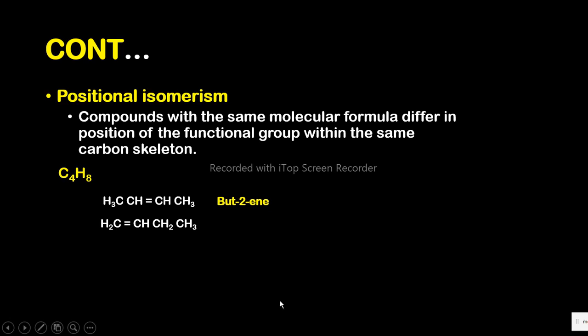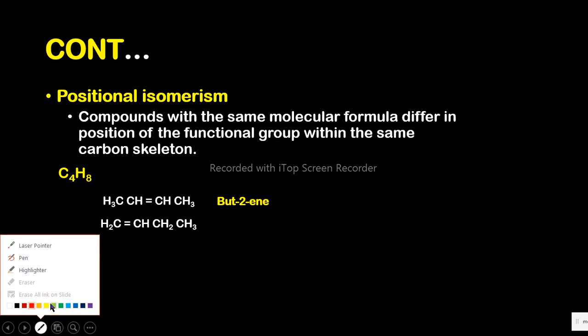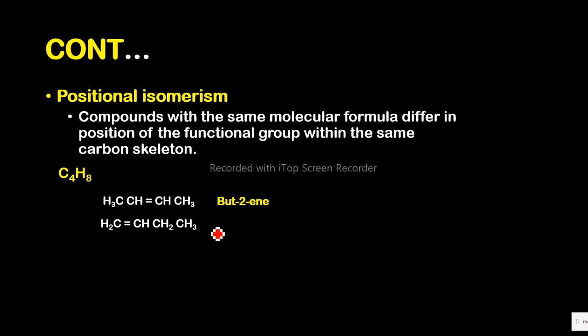Now, I make these slides sometimes at night when I'm exhausted, so that's the reason why even I write such. But when I'm teaching, I can't write this. So this is but-2-ene, and this one is but-1-ene.